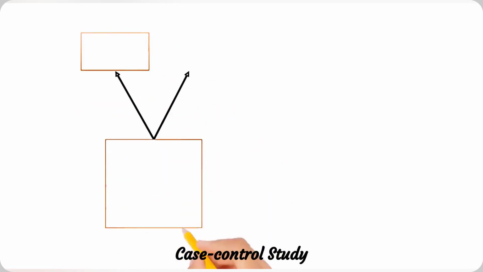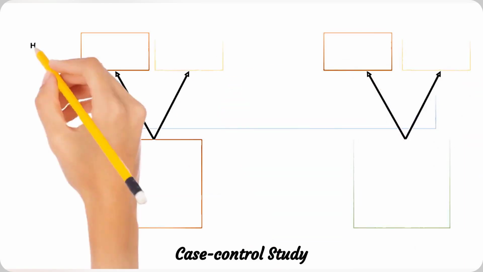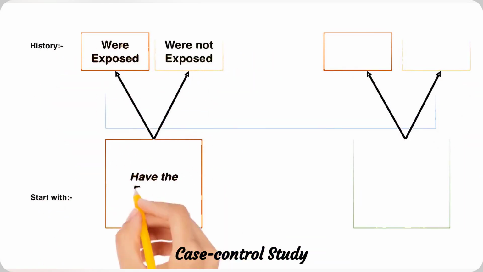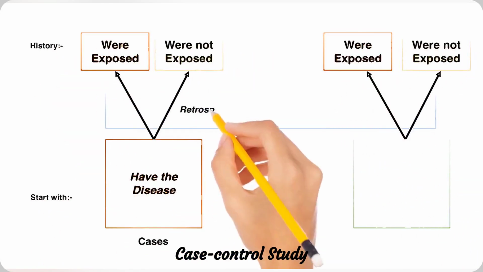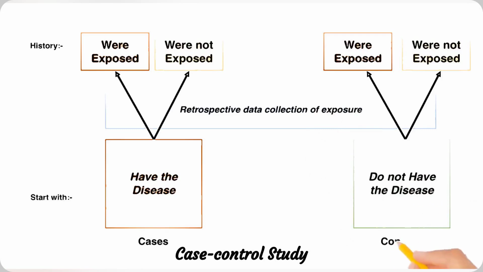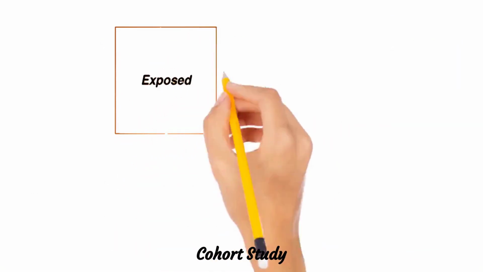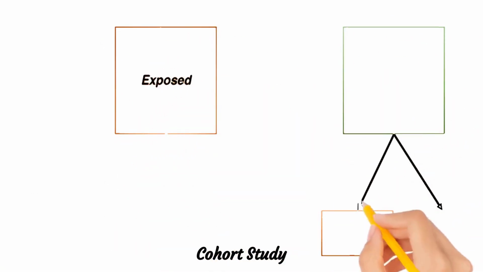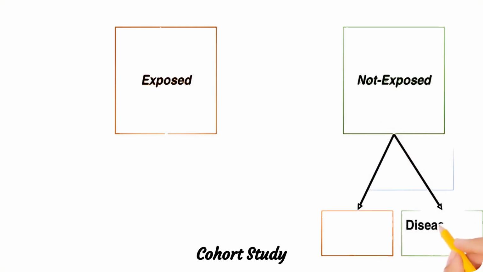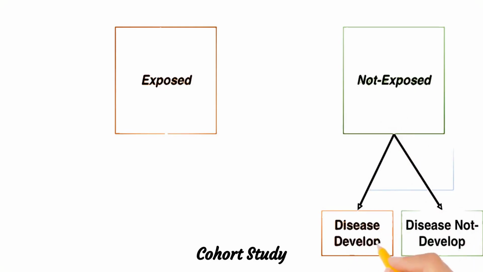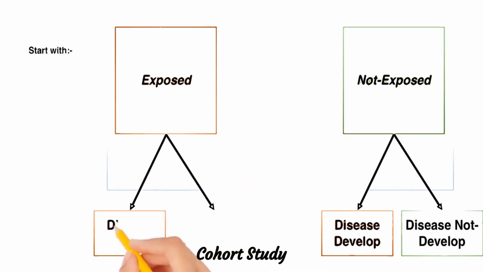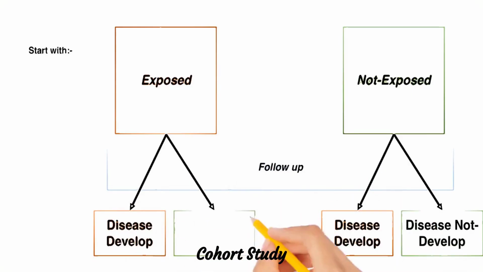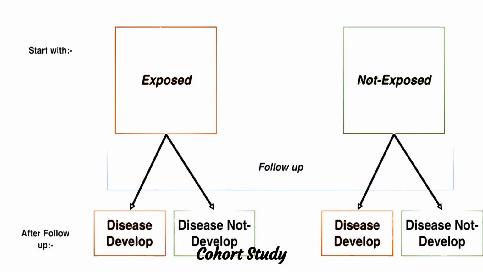Case control studies look backward in time, starting with people who already have the disease and comparing them with those who don't, to see if past exposures differ. Cohort studies move forward in time, following exposed and non-exposed groups to see who develops the disease, making them strong for showing cause and effect.